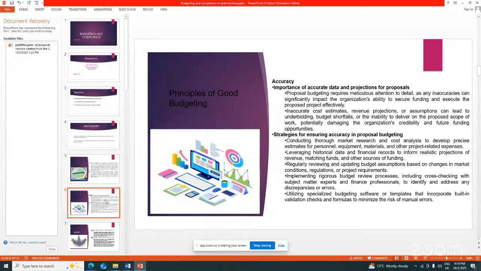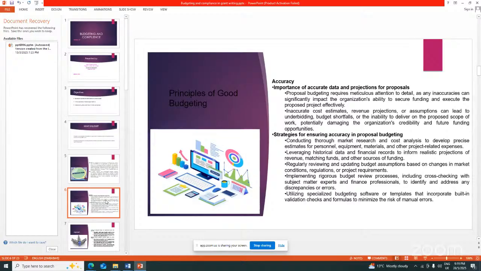There is a need for meticulous attention to detail. We need to pay attention so that the donor will see that thorough work was done and we don't miss any figures.